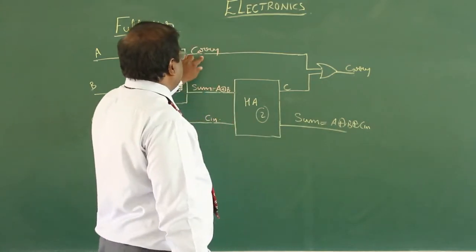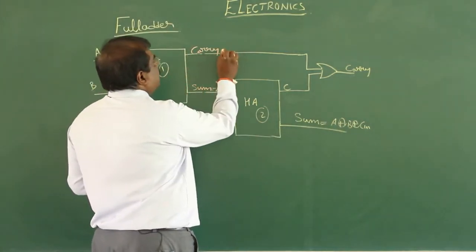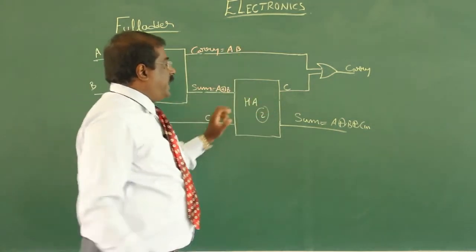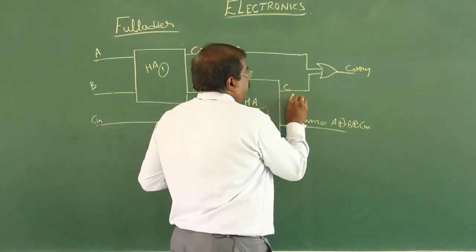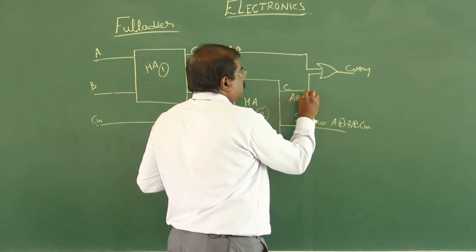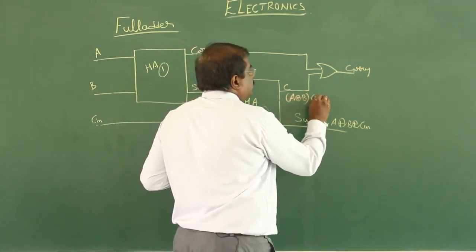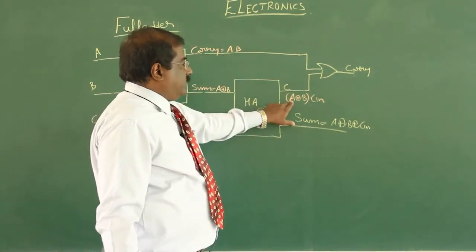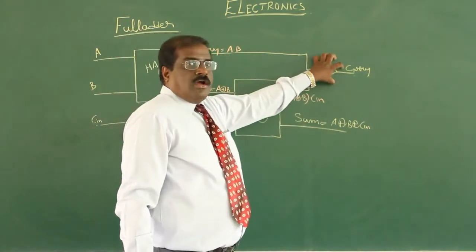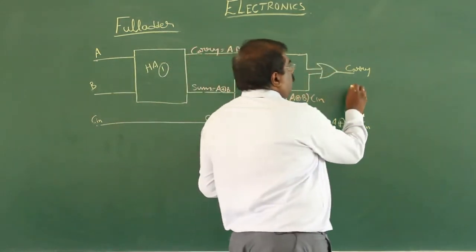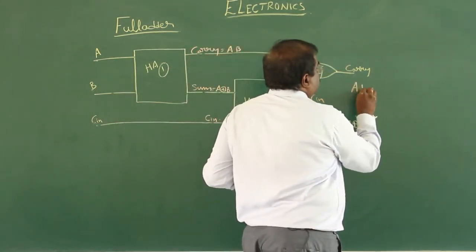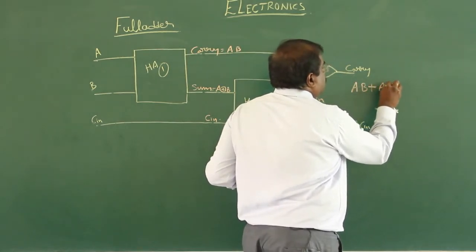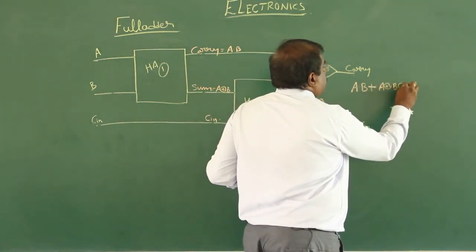In the same case here, the first carry is what we declare as A dot B. Here the carry will be what? A XOR B dot C in. Okay, so A dot B, A XOR B dot C in, all together. So our function is A dot B plus A XOR B dot C in.